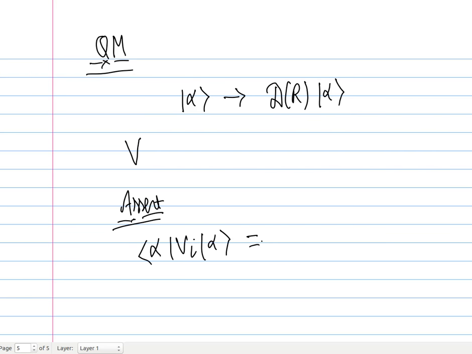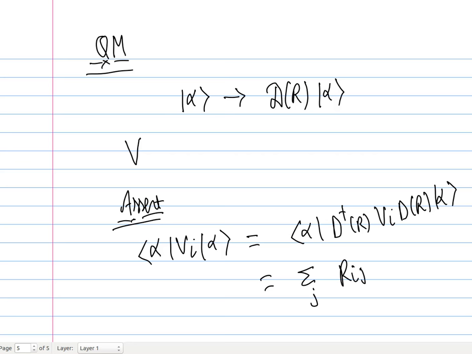That basically means this quantity should be equal to alpha D dagger vi D alpha, which is nothing but the summation over j of rij, acting on alpha, vj alpha, because these are numbers which I can take outside. So I assert that this quantity should be equal to this quantity here.